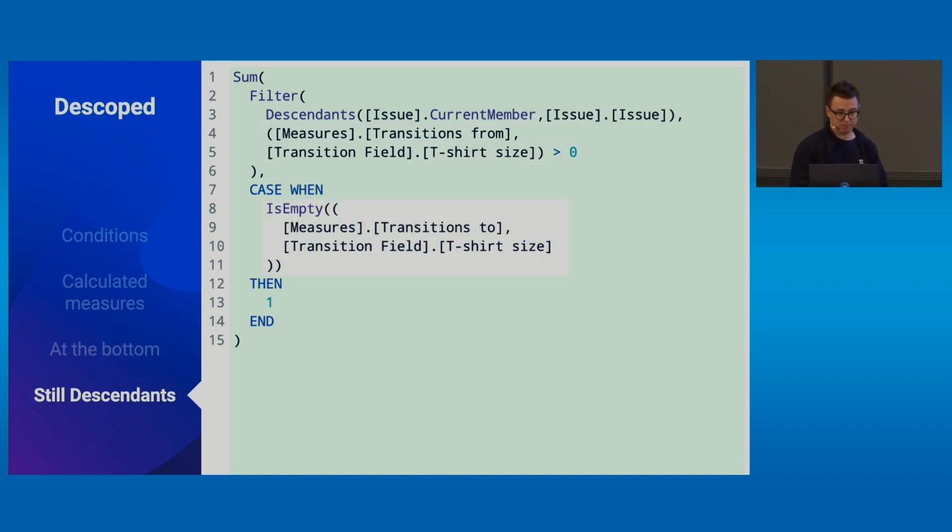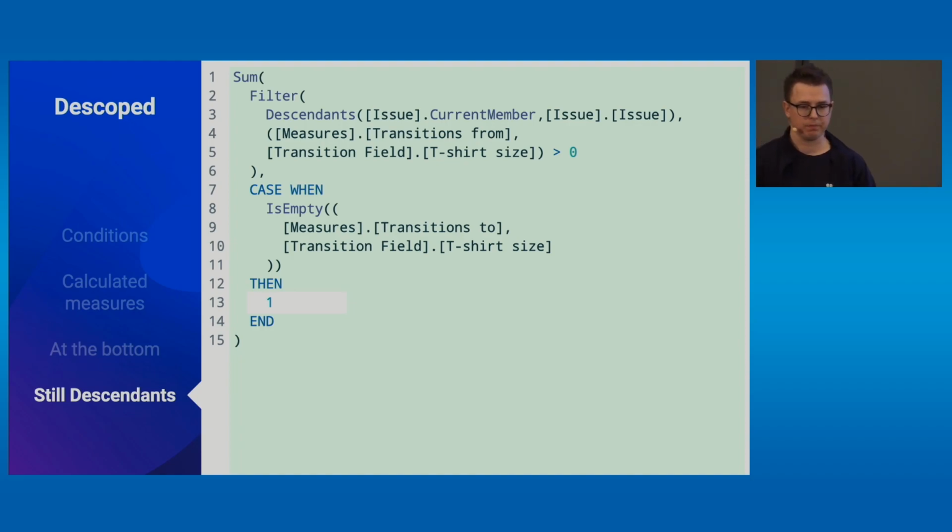But then, in the Case When, we make another condition that looks for issues that don't have a transition into the scope on that day. And this excludes the issues that are created with the value and then moved out, or bouncing back and forth on the same day.